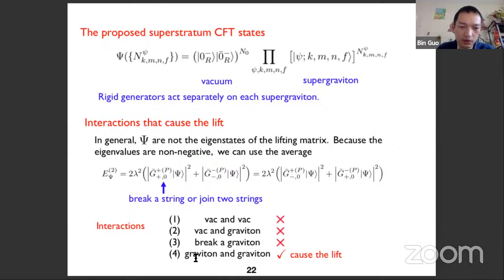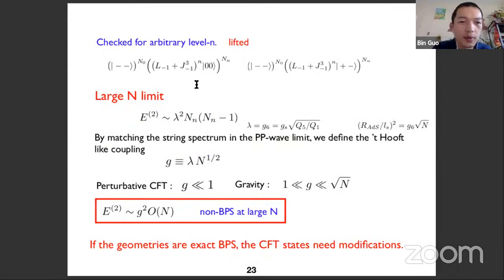That's the interaction between a supergraviton and another supergraviton. It is reasonable because if you just put 1 supergraviton in the AdS, you will have the first 3 kinds of interactions. So we check explicitly for the following 2 kinds of CFT states. The first one, the base space is 0, 0, and the second one is plus minus. And we show they are all lifted.